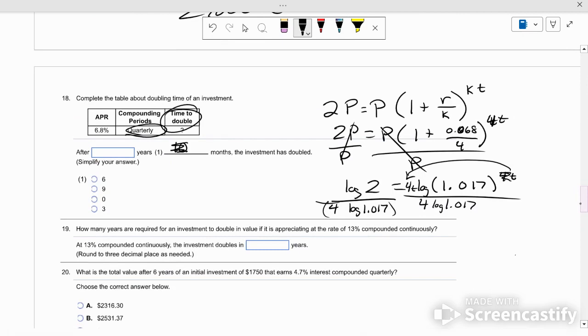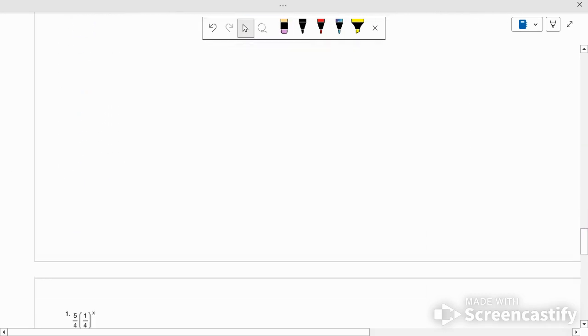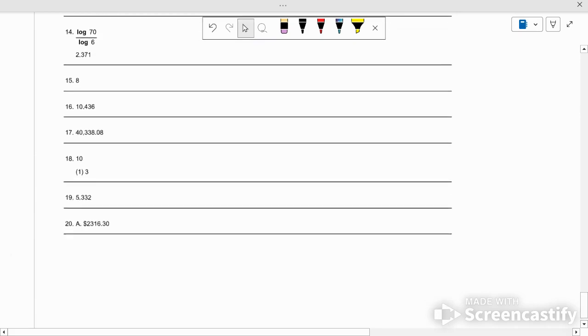So it's 10 years, and then you take the 0.28 times 12. 0.28 times 12 is just less than 3, right? Ooh. Because the answer key said 10 years and 3 months.